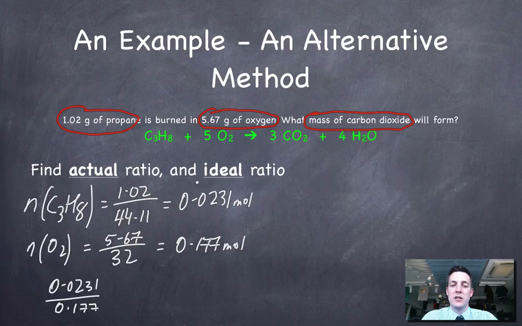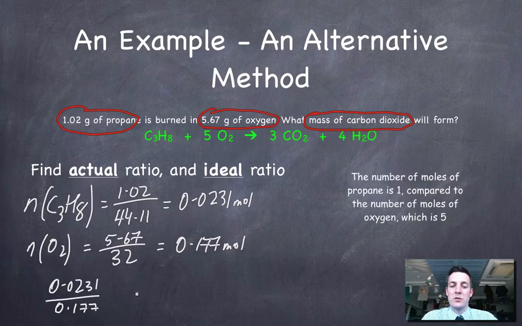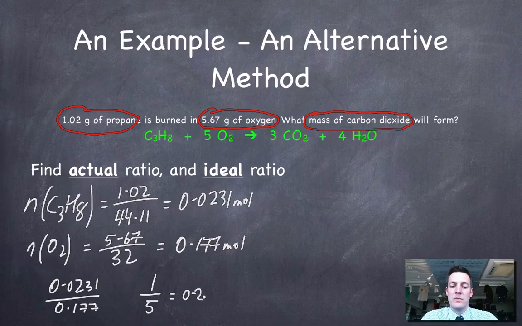If I compare that to the ideal ratio, that is the mole ratio in the equation, as long as I get these two numbers the same way up as these two numbers, so I had the propane on top, so let's put the propane on top here, 1/5. Now, this number here equals 0.2. This number here, I can tell you, equals 0.13.